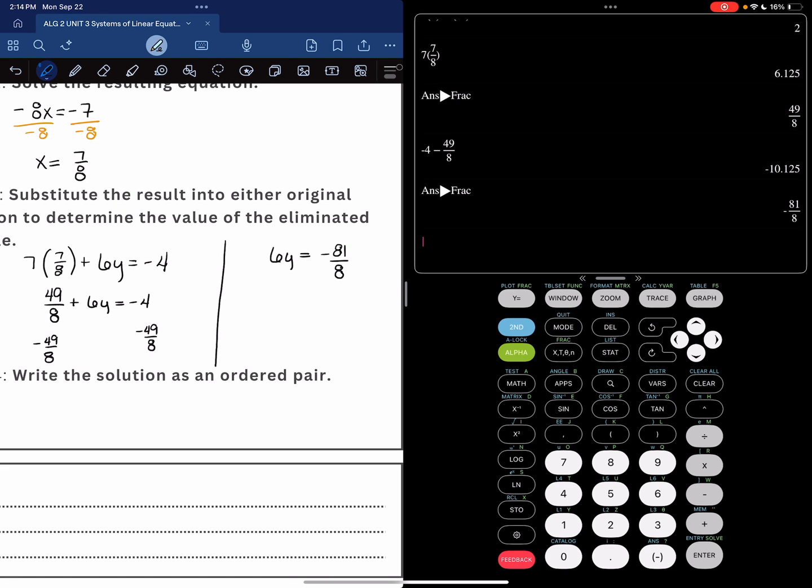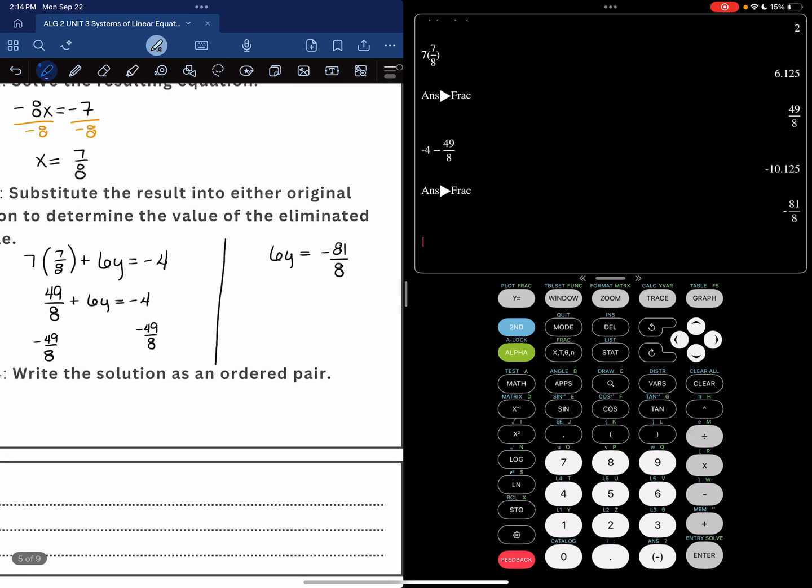Then the last thing I'm going to do is divide by 6. Now, dividing by 6 is the same thing as multiplying by the reciprocal. So I could multiply this side by 1 over 6 and this side by 1 over 6. That's going to work a little bit better since we have a fraction. So I'm taking my previous answer, highlighting it and pressing enter, and it'll copy it down.